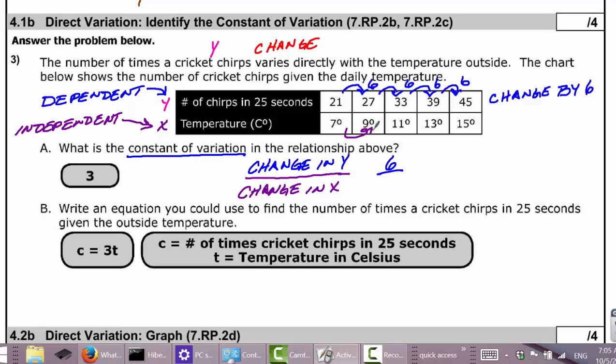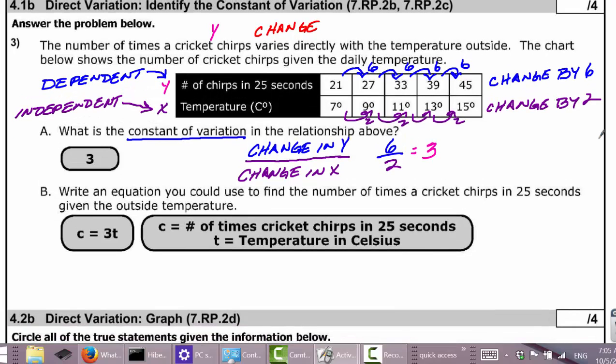Well, 7 to 9 is 2, 9 to 11, 2, so there's a change by 2 in the independent values. And constant of variation is the change in the dependent, the y's, divided by the change in the independent, the x's, and that means that for this problem, the constant of variation is 3, which they gave us right here.